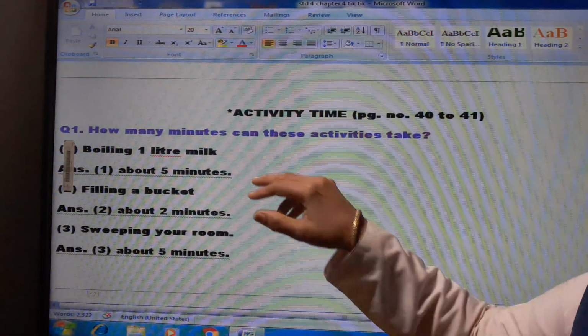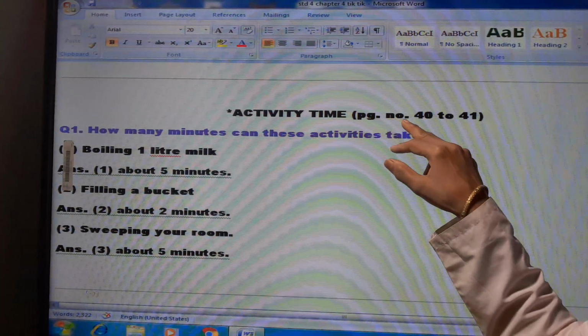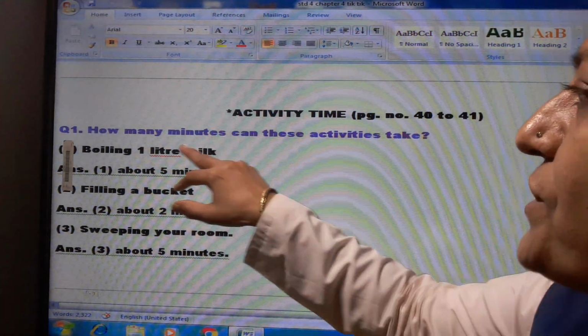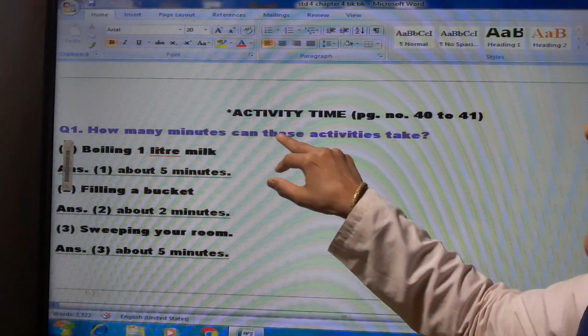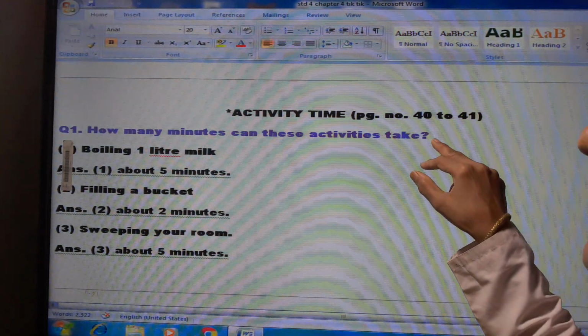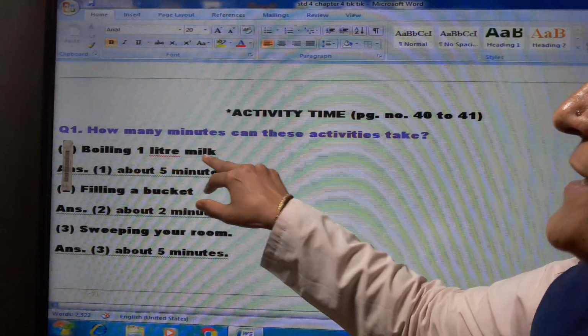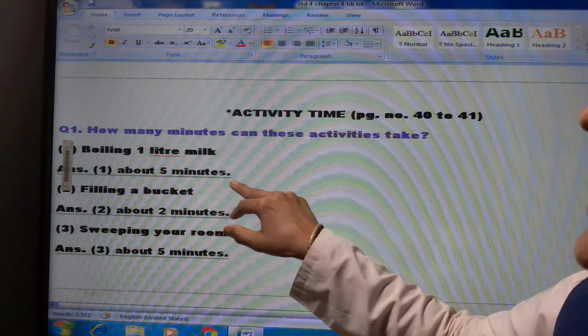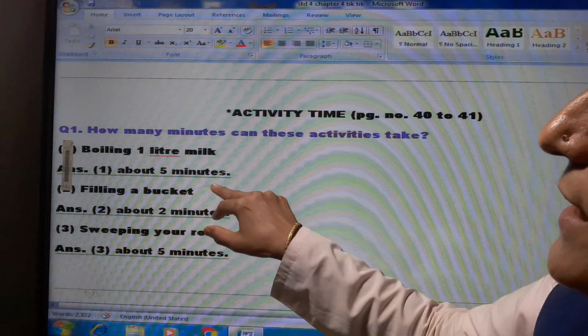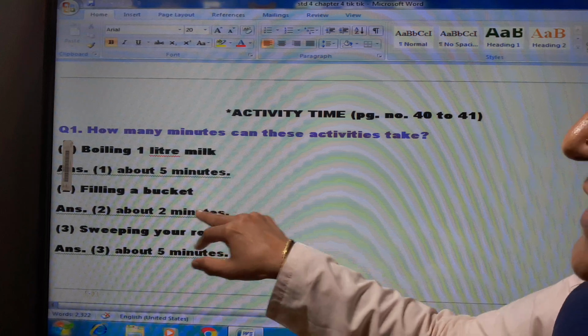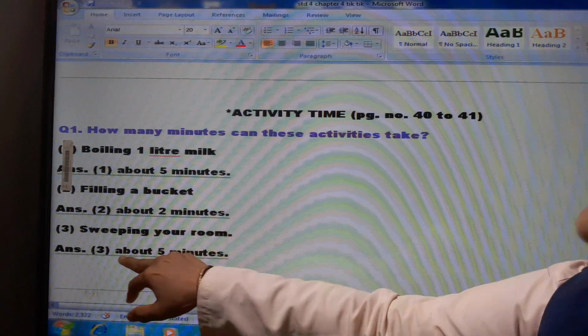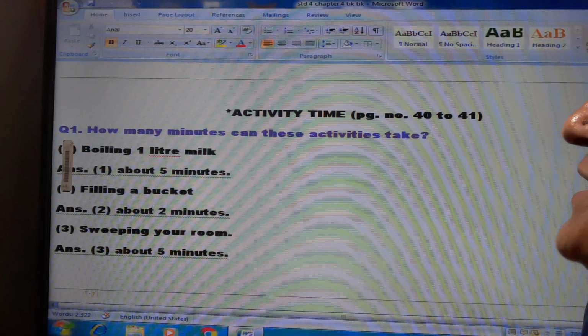Now, activity time. Page number 40 to 41. How many minutes can these activities take? Boiling 1 liter of milk, about 5 minutes. Filling a bucket, about 2 minutes. Sweeping your room, about 5 minutes.